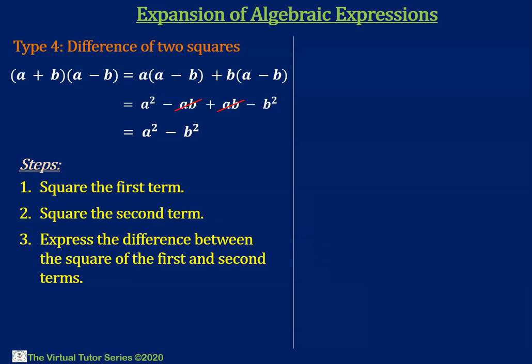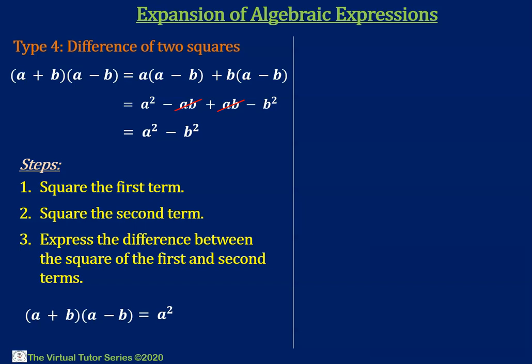So back to our original expression, (a plus b) times (a minus b). The first step is to square the first term. So we have a squared. The second step is to square the second term.